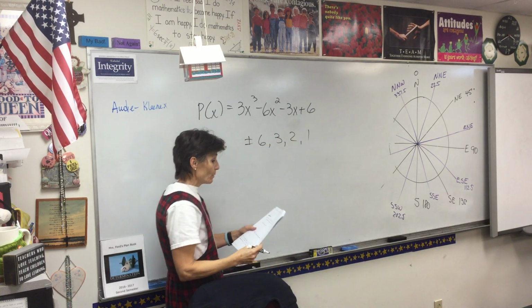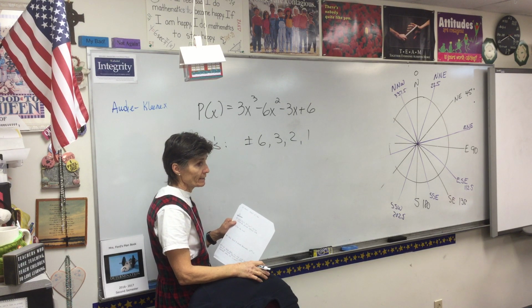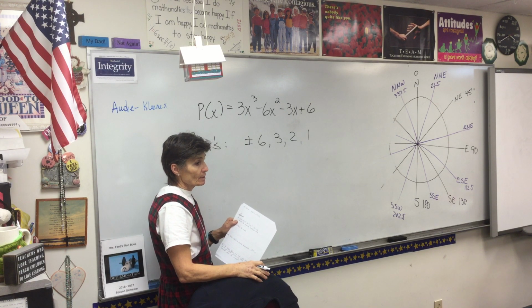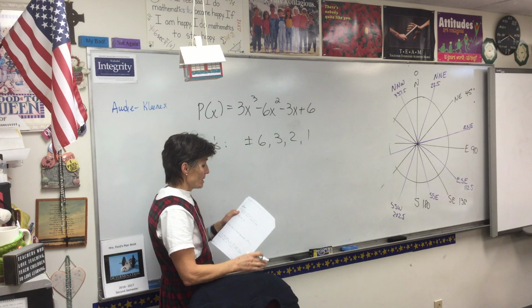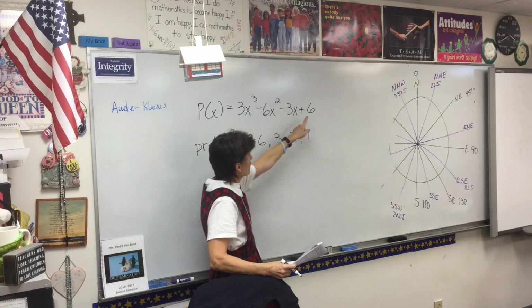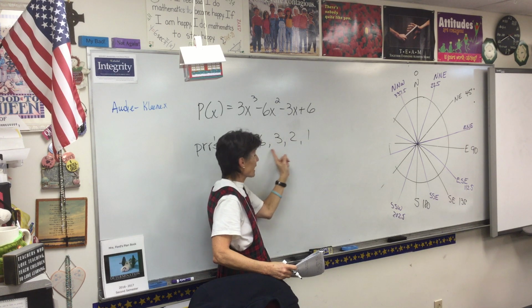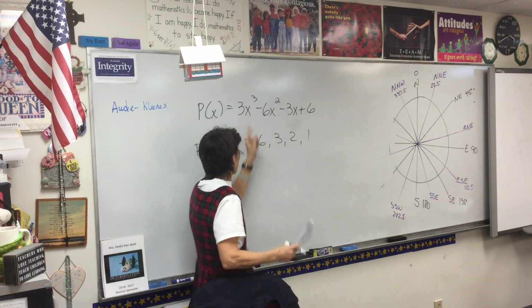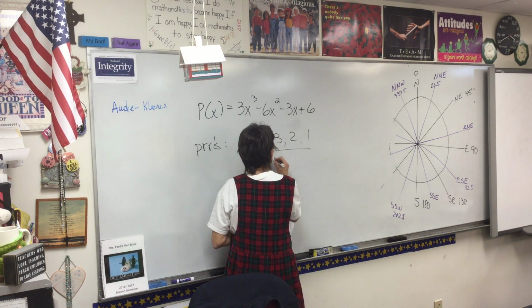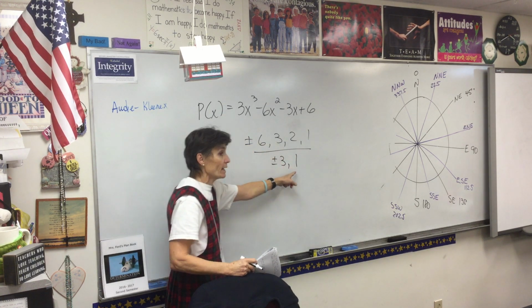We are on number 21 in review sheet 1. The PRRs are factors of the constant, so these are the factors of 6, divided by factors of the leading coefficient, which is 3 or 1.